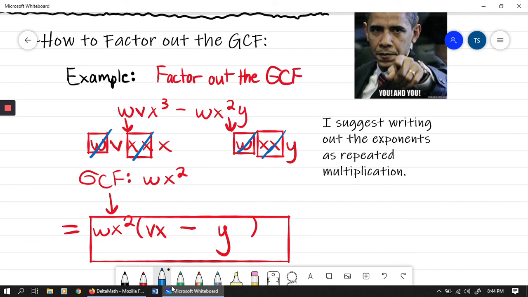And what they may do on Khan Academy is they may write it out sort of like you're doing a box method type of thing. And so I'll possibly show you that way, possibly with another example.